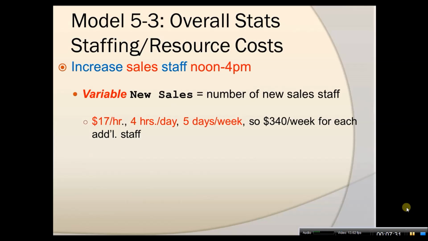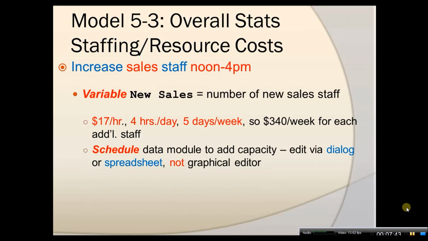When we multiply all of that together, 17 by 4 by 5, or 17 by 20, you're going to get $340 per week for each additional sales staff. So that's a value that we're going to use later when we compute those operational measures.